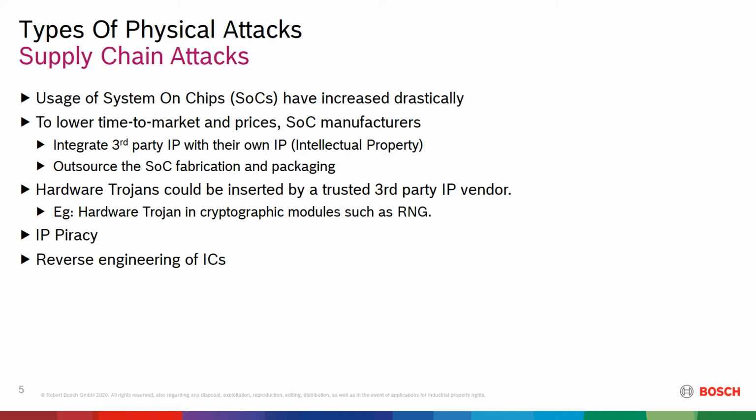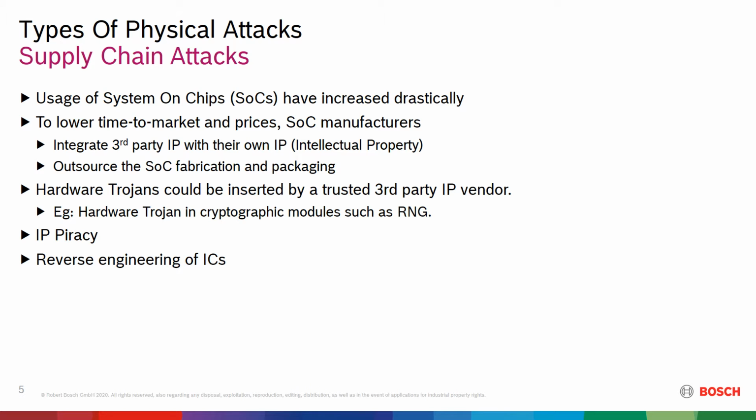The first type of physical attack that I want to talk about is supply chain attacks. Usage of system on chips has increased drastically over a period of 10 years. As a result, the SoC manufacturers, in order to reduce the time to market and prices, start integrating third-party intellectual property with their own intellectual property, and they also started outsourcing the fabrication and packaging to a third-party entity.